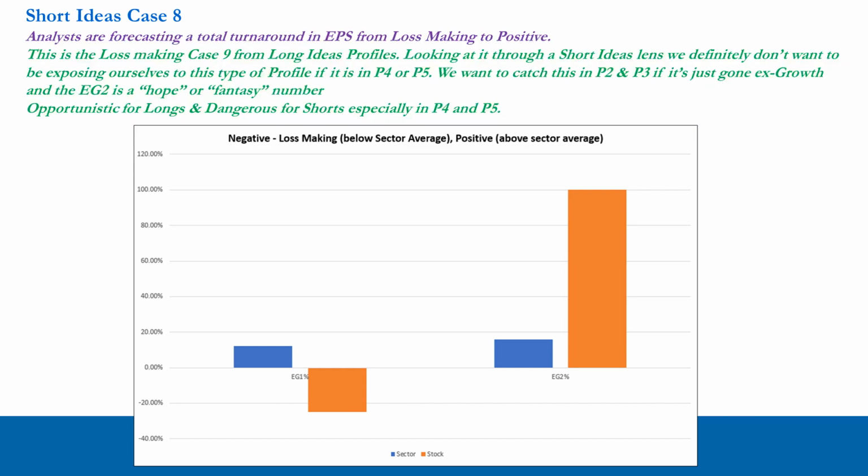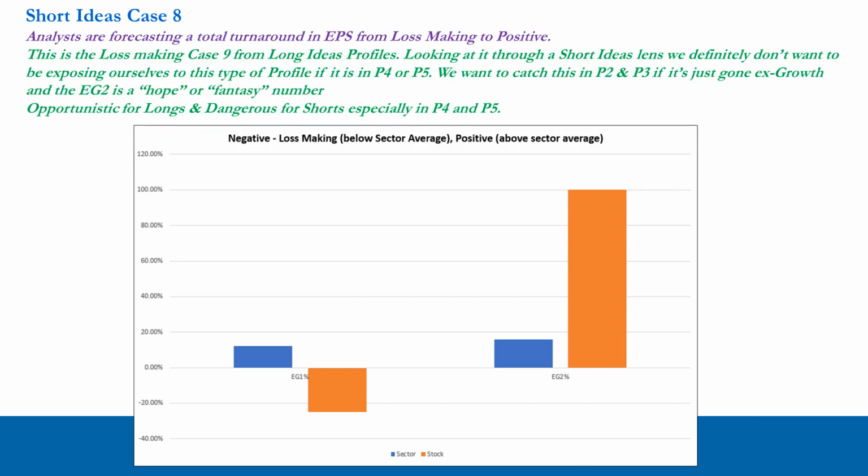But remember, because the EPS turnaround, the earnings growth turnaround, is coming from such a low base, a loss-making situation with EPS to a positive situation with EPS and earnings growth, regardless of which phase it's in, this can actually be dangerous for shorts.